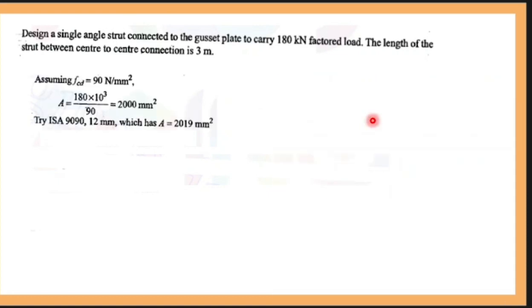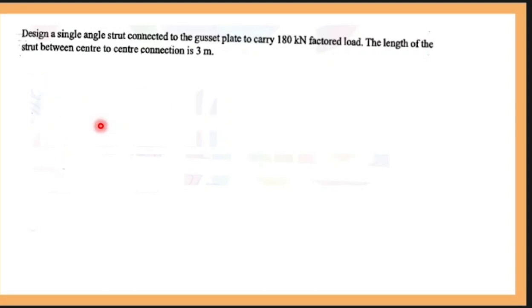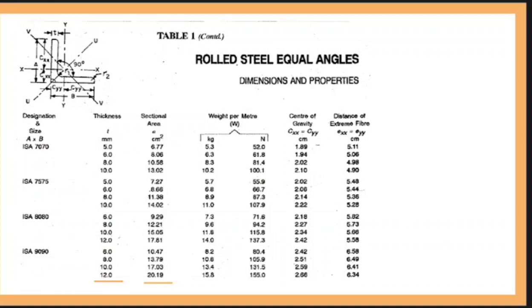Now what you have done is, the area of this member required is 2000. Now you are trying two angle sections having a size of 90 into 90 into 12 mm. You can try with channel section or I section. Here it is tried with ISA 90 into 90 into 12. What do you mean by 90, 90, 12? This is your section. You have the steel table code book.